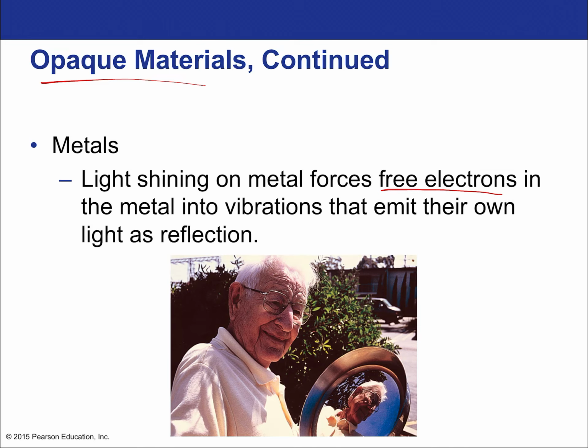All right? Well, it turns out that that ability of electrons to move freely means that electrons can vibrate at any frequency of ambient light that's hitting the metal, and then they reflect all those frequencies. The overall effect is, well, a mirrored image in some cases, or at least shiny white light in cases where it's not a perfect mirror. Because the perfect mirror also requires a certain amount of smoothness.